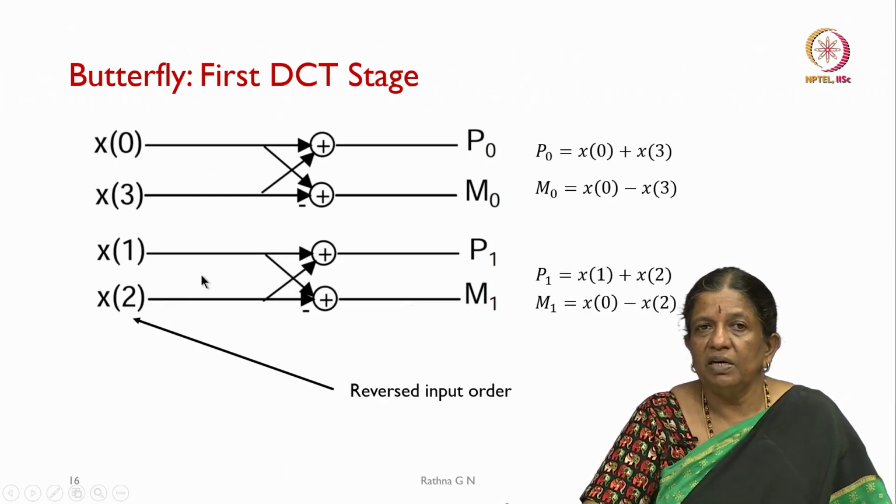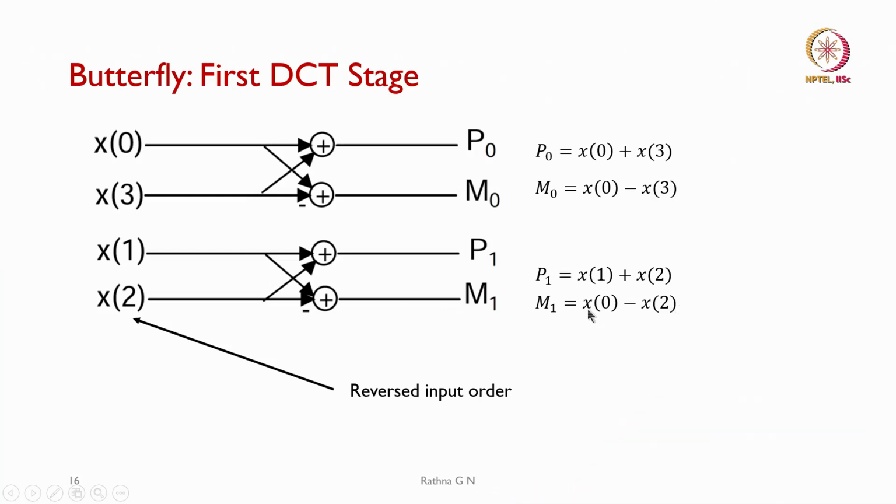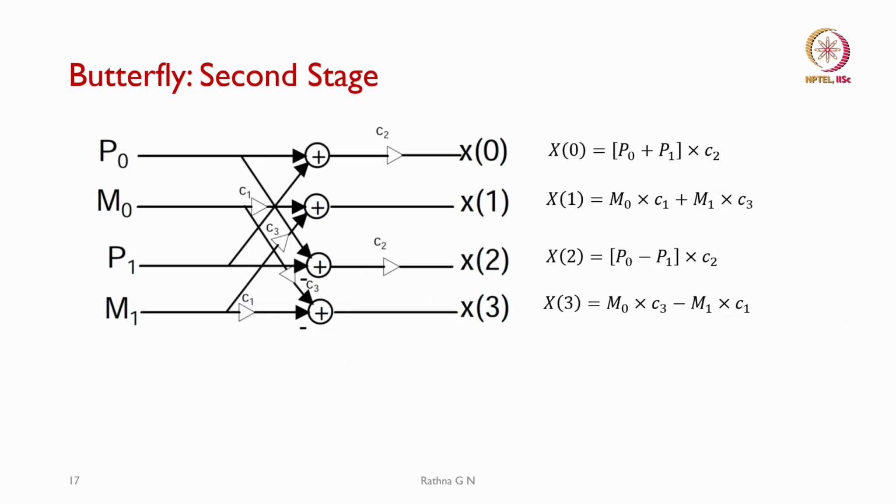So, that is x1 plus x2 will be P1 and x1 minus x2 will be my M1 here. So, what has happened here? We have the reversed input order just like our DFT. So, we are having x0, x3, x1 and then x2. Right. So, coming to the second stage.